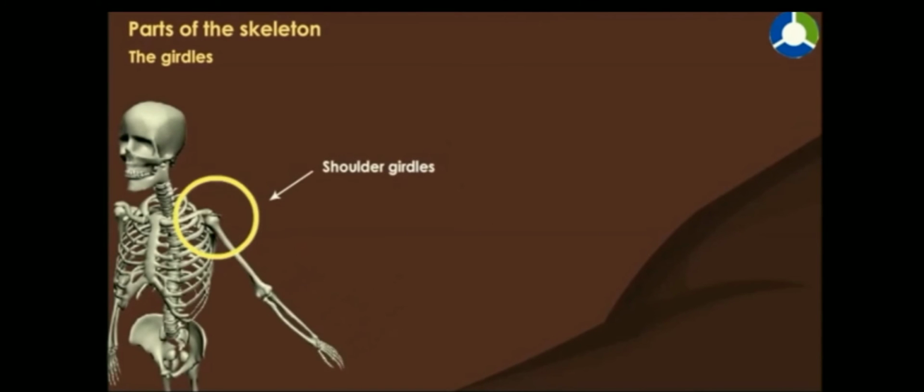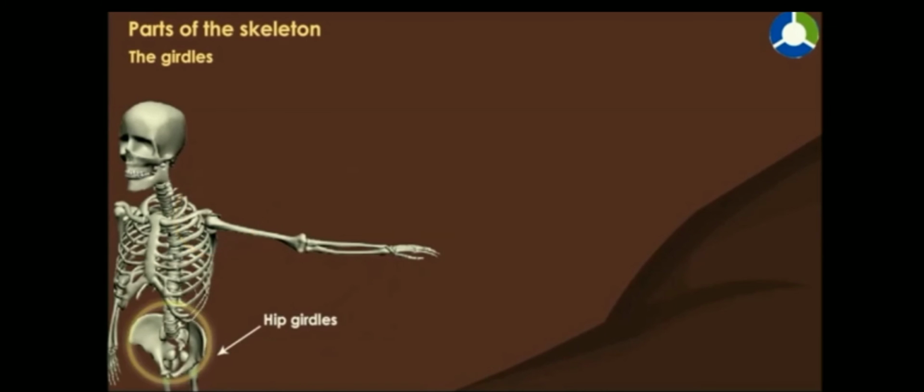There are two pairs of girdles, a pair of shoulder girdles and a pair of hip girdles. Girdles lie on either side of the backbone and are fixed to it.